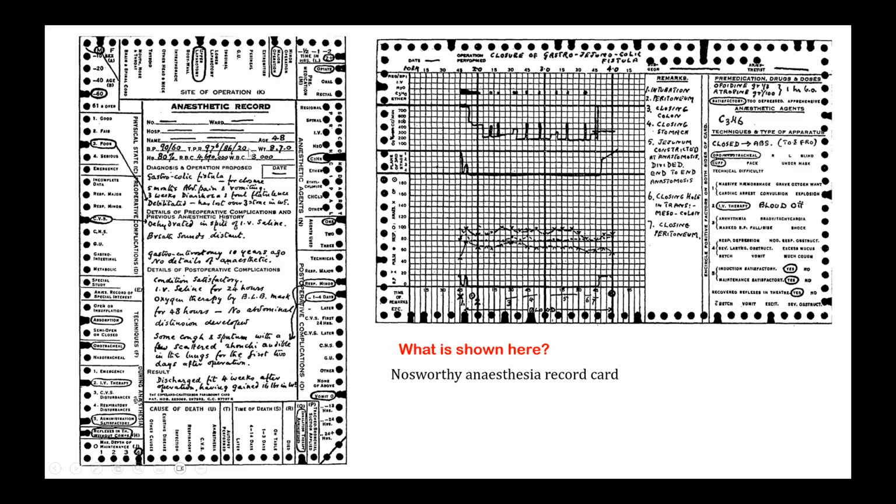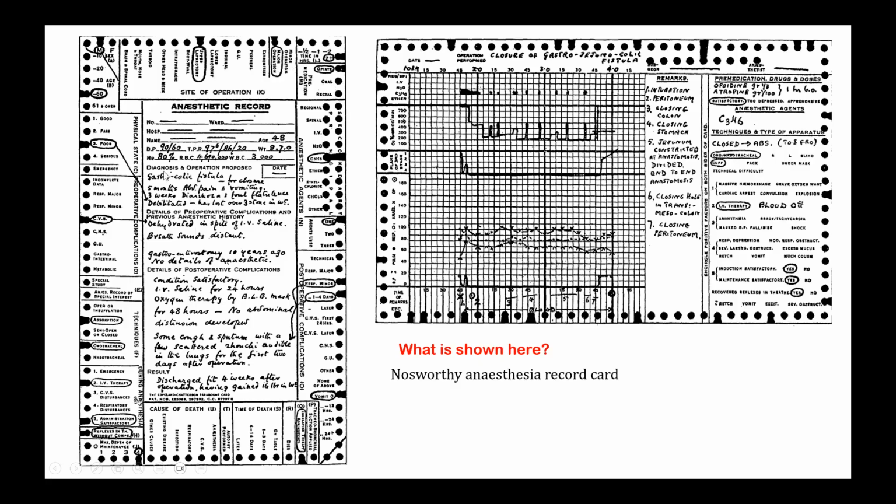On the front side you will have all these details about the preoperative physical status, preoperative complications, and the technique used for ventilation and during anesthesia. What are the induction agents? How much dose, what time? Everything is given here, and this is the way we used to record.